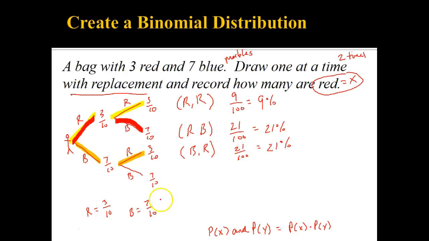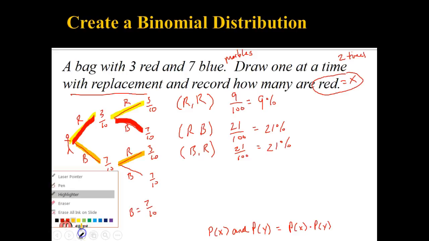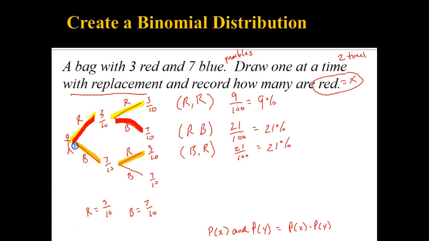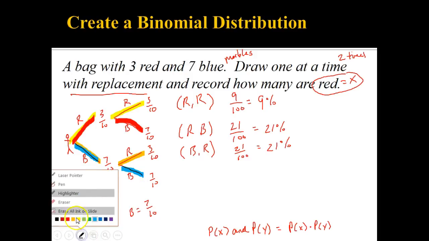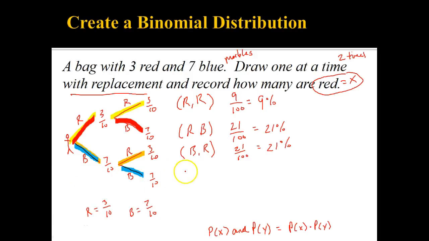And then finally, the last path we could have gone on was the blue and then a blue again. So we ended up drawing 2 blues, which is 2 failures. We didn't ever draw a red.